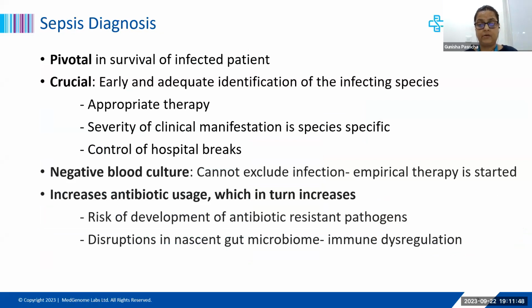Apart from knowing the patient has an infection, it is very important to know the species of bacteria, fungi, or virus causing it, because the severity of the clinical manifestation depends upon the species of that microbe. And obviously, if we know the microbe causing the infection, appropriate therapy could be started.